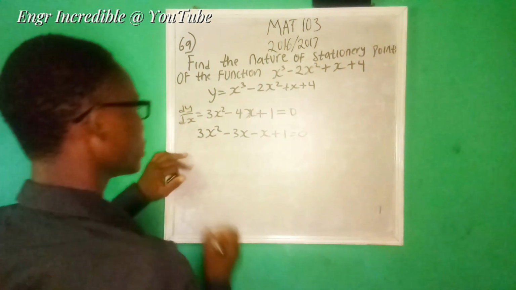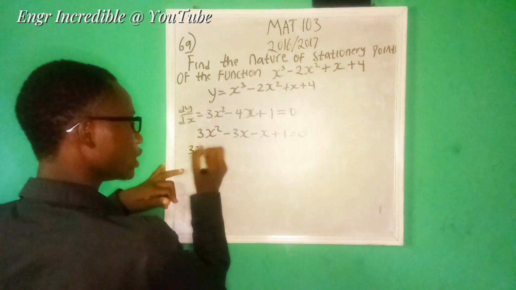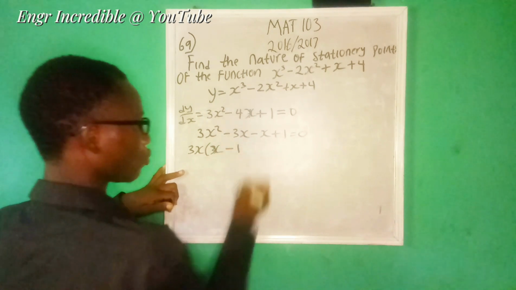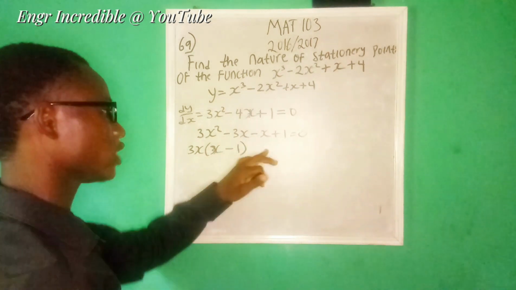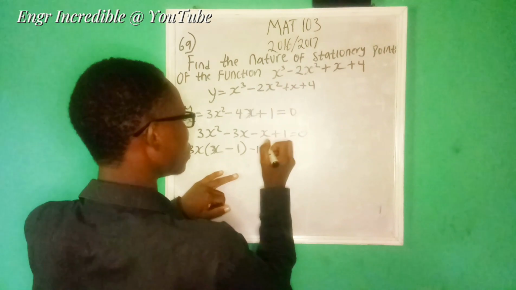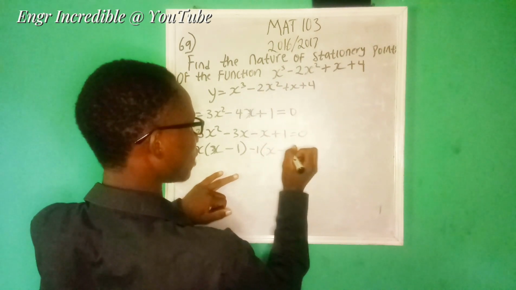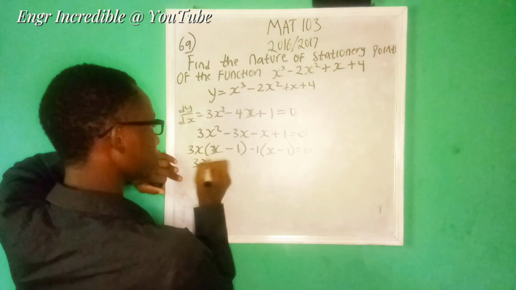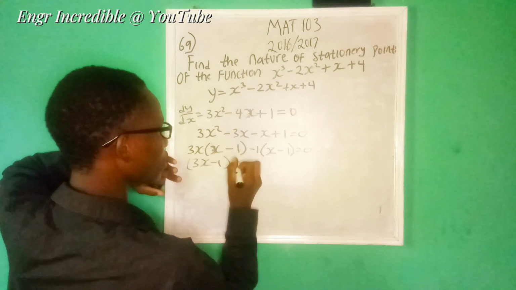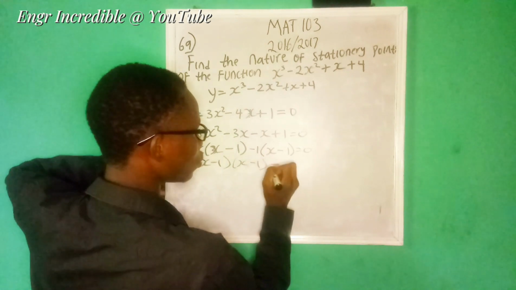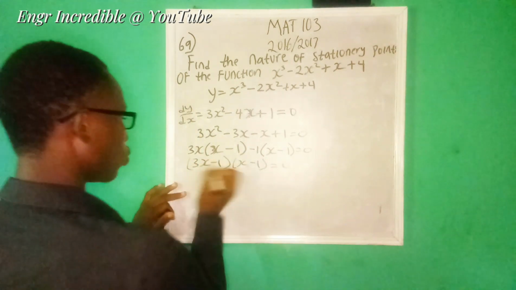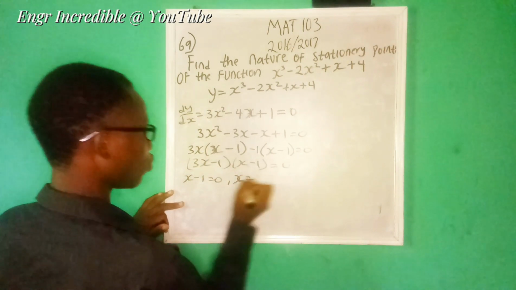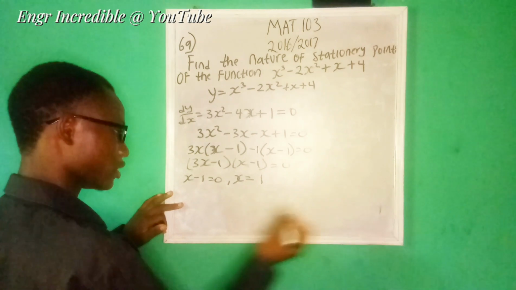From here we bring out 3x, which leaves x minus 1, and from the other side we bring out minus 1, which leaves x minus 1, equals 0. Therefore we have (3x minus 1)(x minus 1) equals 0. So if x minus 1 equals 0, that means x is equal to 1 at a particular point.